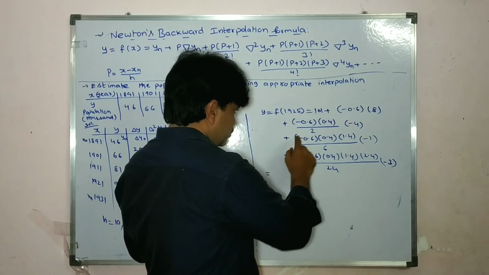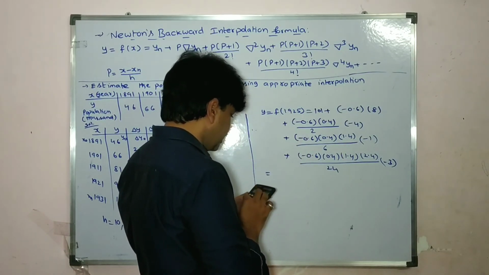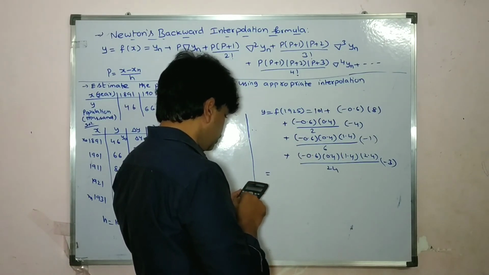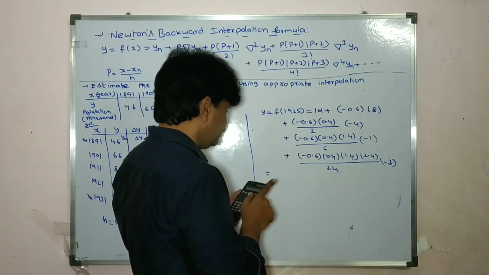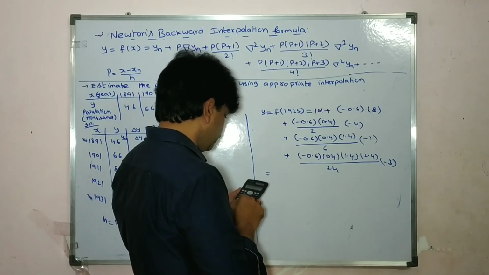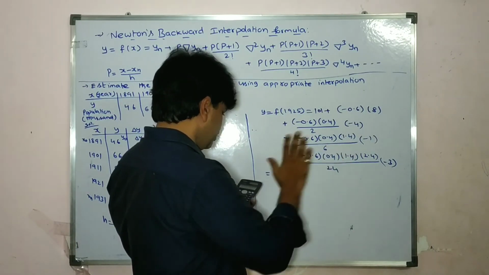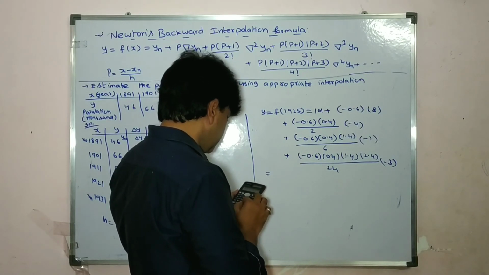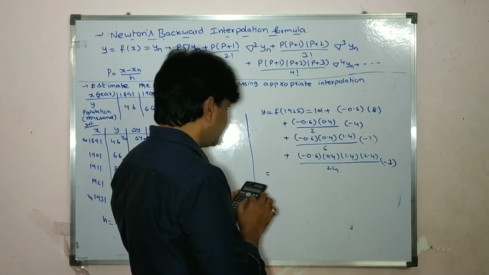Again plus: bracket 0.6 into 0.4 into 1.4 into 1, no need to multiply, bracket close, divided by 6.